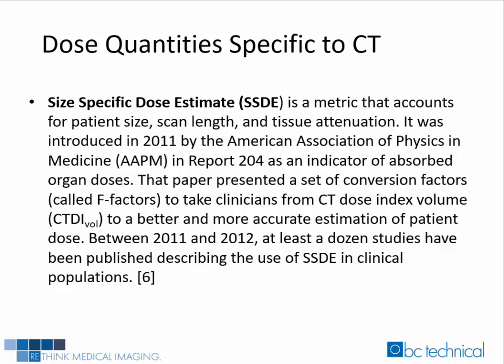That report presented a set of conversion factors called F factors to take clinicians from CTDI volume to a better and more accurate estimation of patient dose. Between 2011 and 2012, at least a dozen studies were published describing the use of size-specific dose estimates in clinical populations.